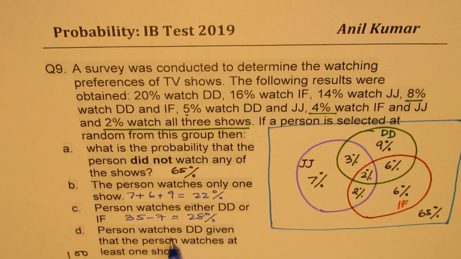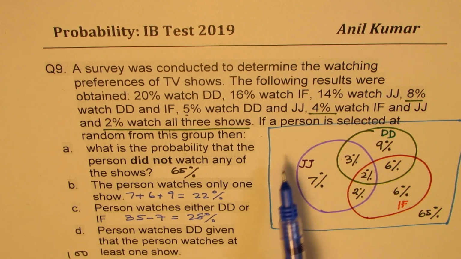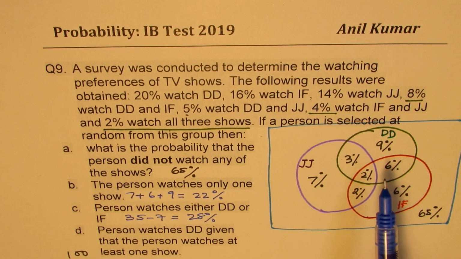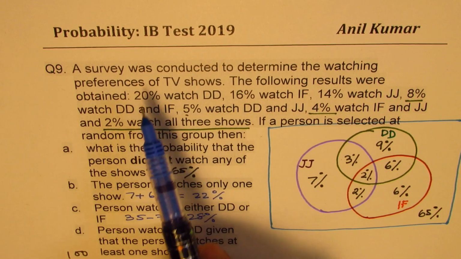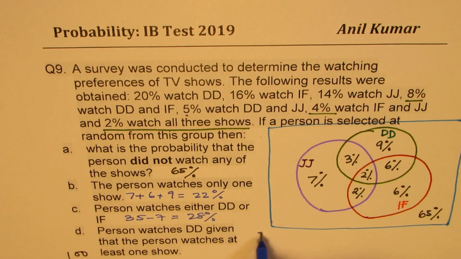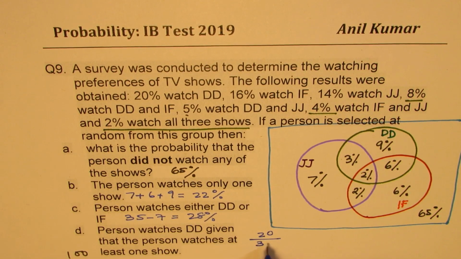D. Person watches DD, given that the person watches at least one show. So DD out of at least one show means all 35. Correct? DD is 20, right? So it is 20 over 35. That is your answer, correct?